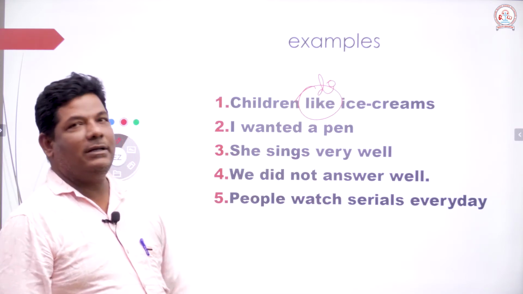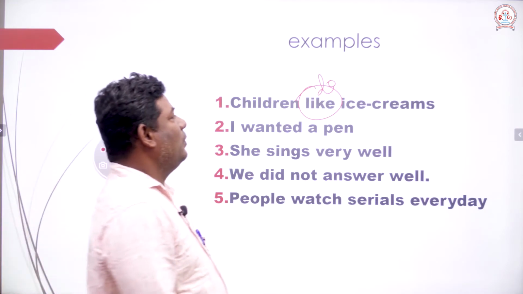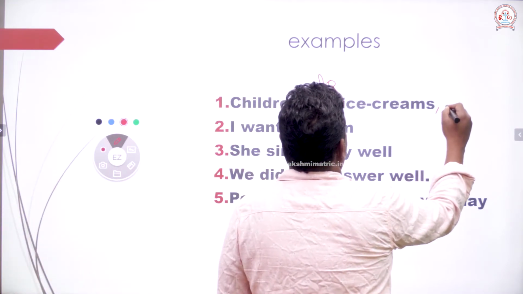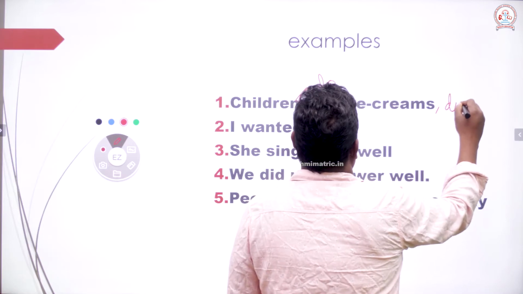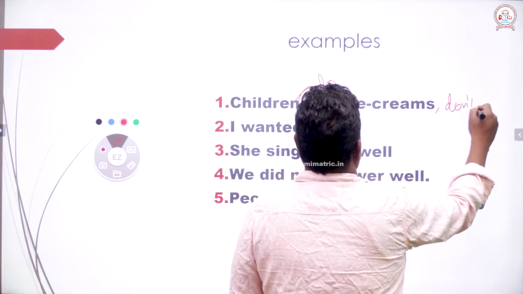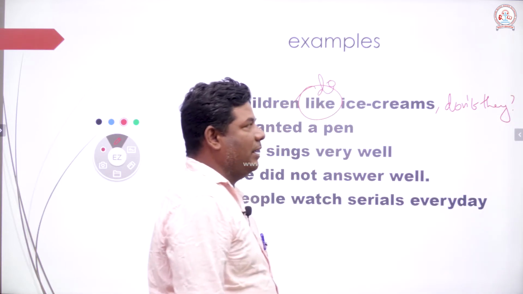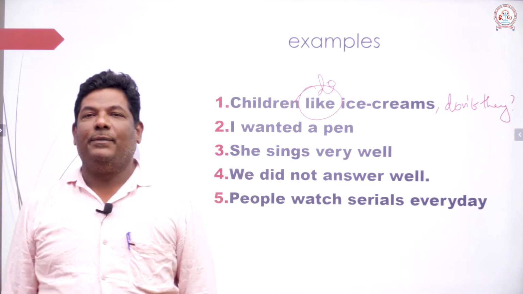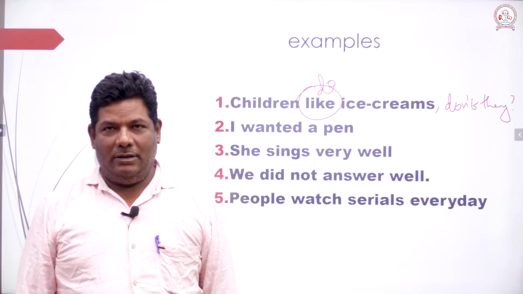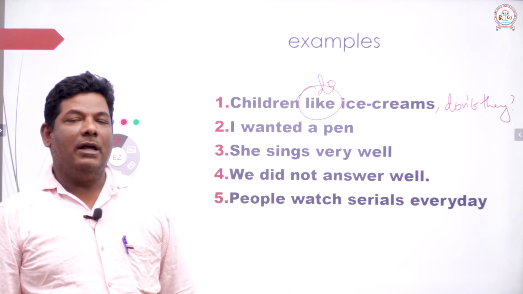Use do for writing the question tag, right? So, positive sentence, therefore, don't they. Children, the pronoun is they, don't they, okay, right.